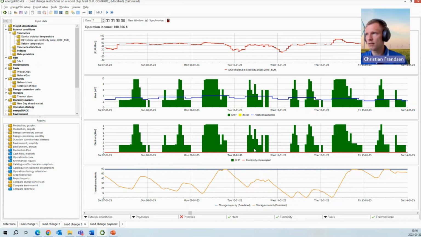The only thing that is yet to be made, as you can see here, we have here a load change of more than 3, and this is because in the starting up and the shutting down of a unit, this is still not implemented.